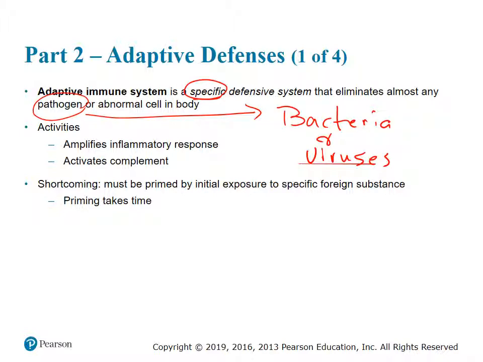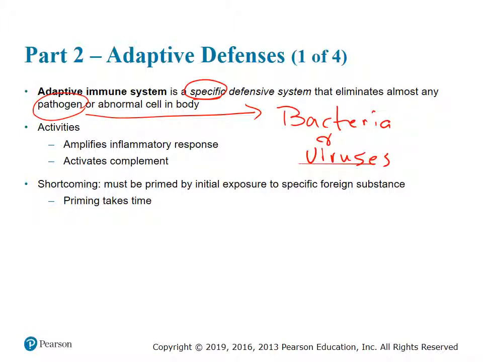The immune system's not about attacking something already there. It's about that one thing invading our body and then us responding to it. So it's a response, and this is going to be a specific response.